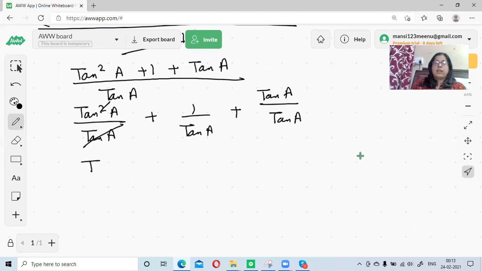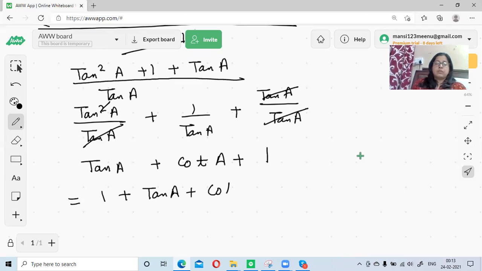So we are left with tangent A. 1 upon tangent of A is cot A, plus tangent and tangent cancel out. So you have 1. So this can be further written as 1 plus tangent A plus cot of A, which is our right hand side.